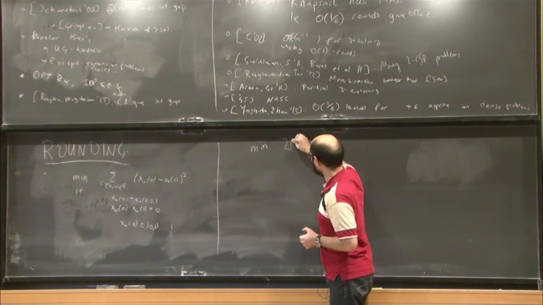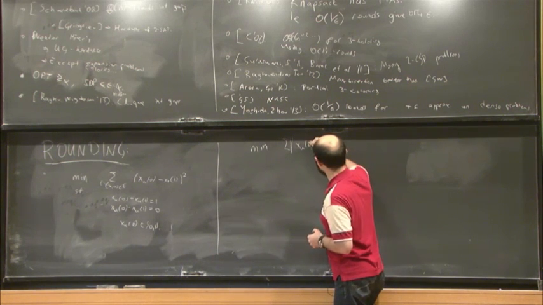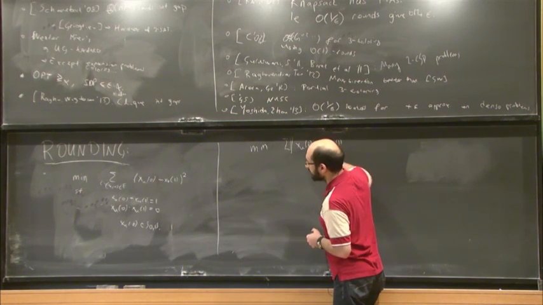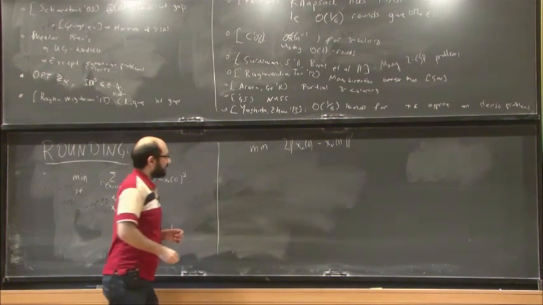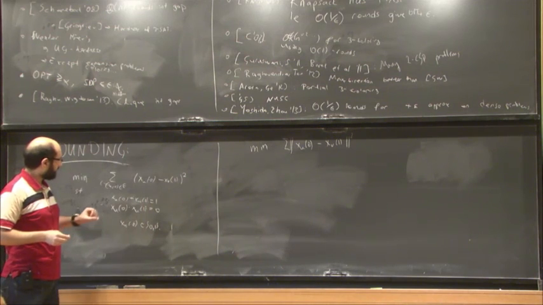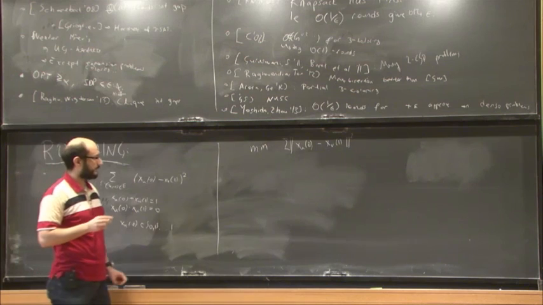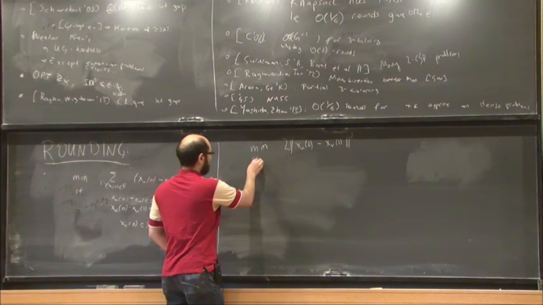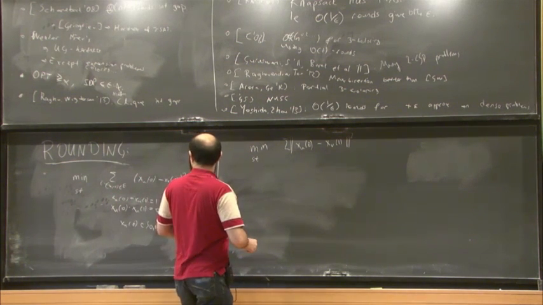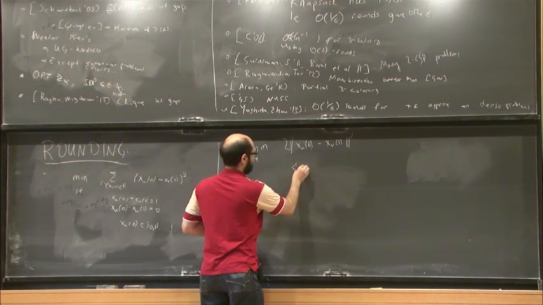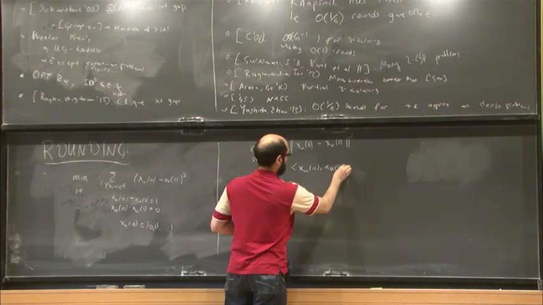Now let's consider this relaxation. Basically, let's say we replaced each of these indicator variables with a vector, the indicator vector, and then what we have is basically that u is equal to 0.